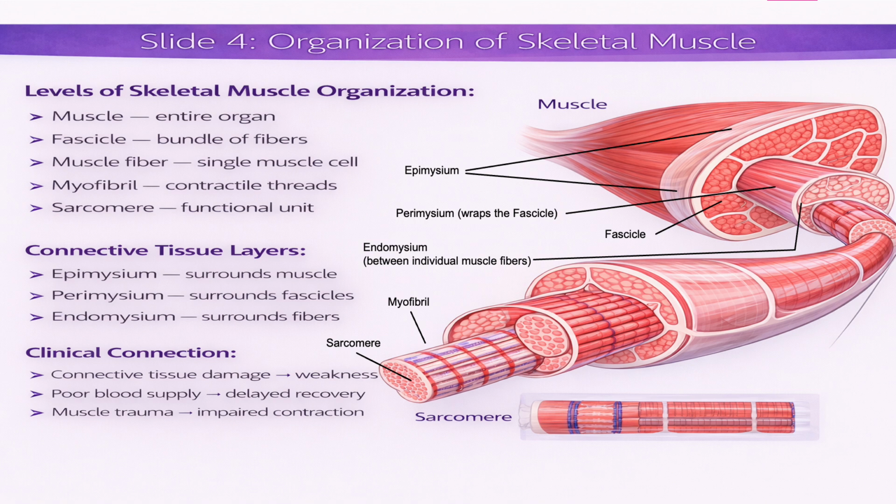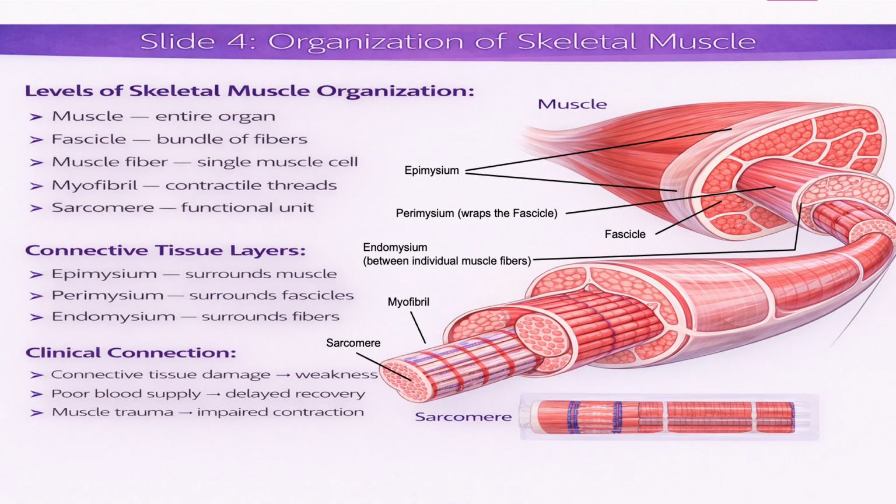Skeletal muscle is organized in a highly structured, hierarchical manner that allows it to generate force efficiently and respond to neurological signals with precision. This organization begins at the level of the entire muscle organ and extends down to microscopic contractile units.